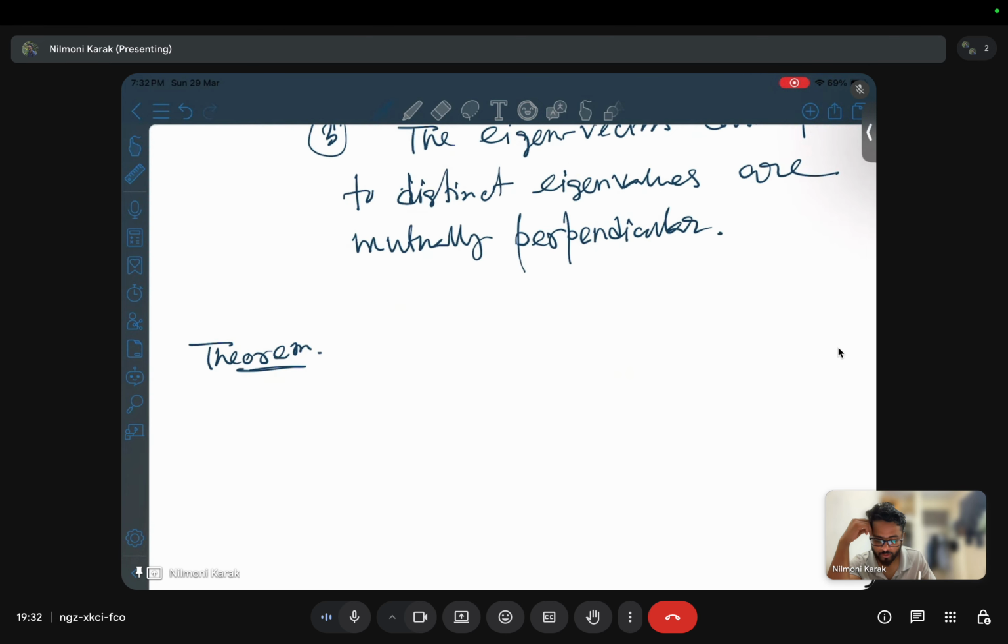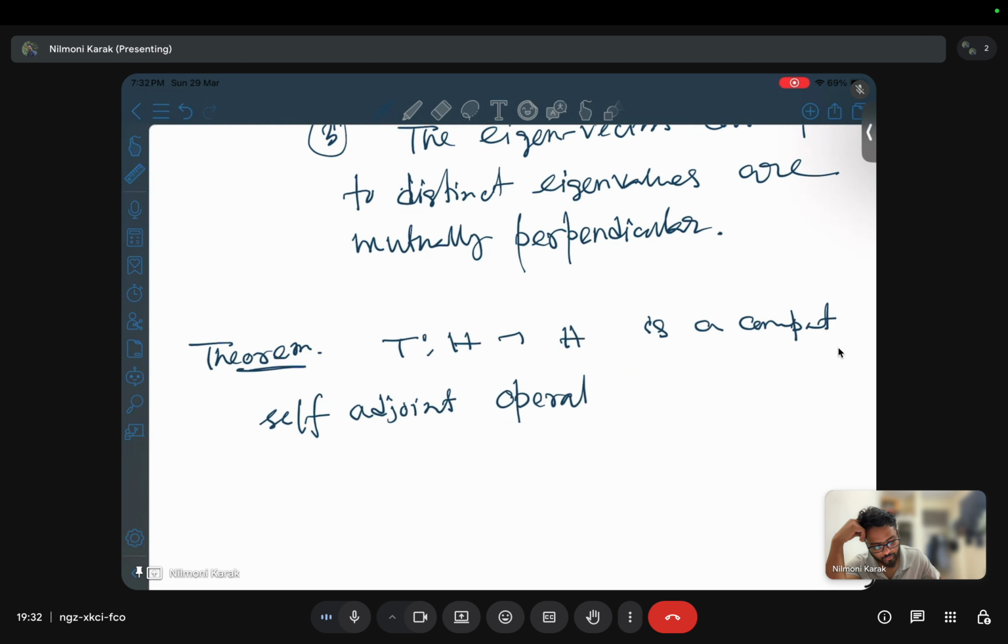Suppose T from H to H is a compact self-adjoint operator on a Hilbert space.